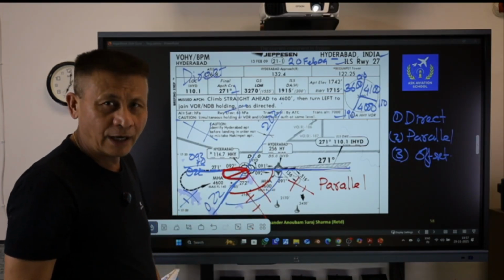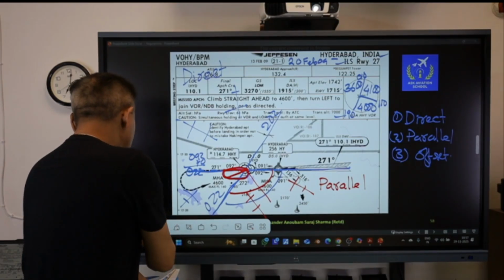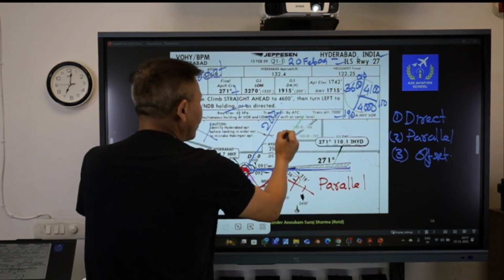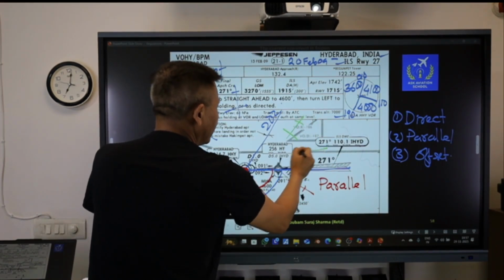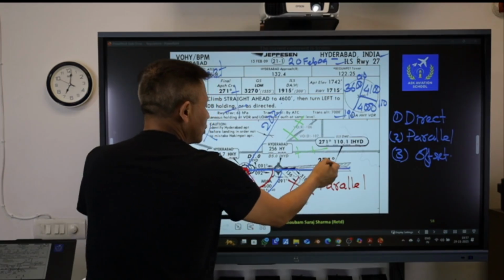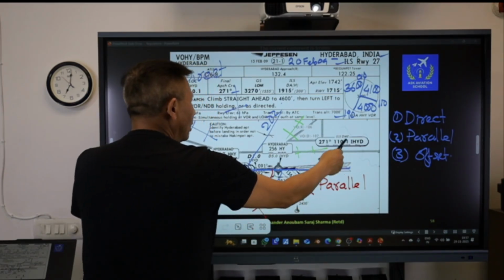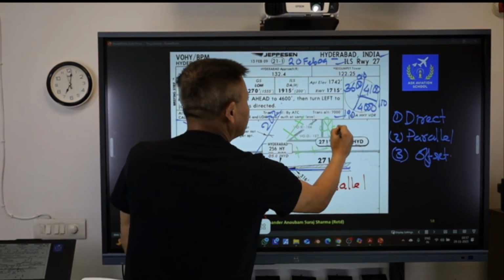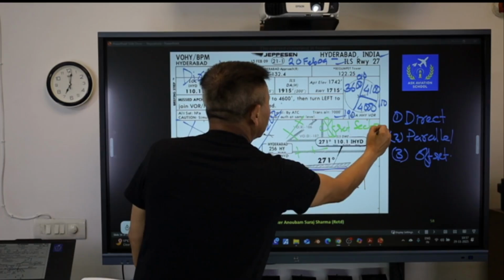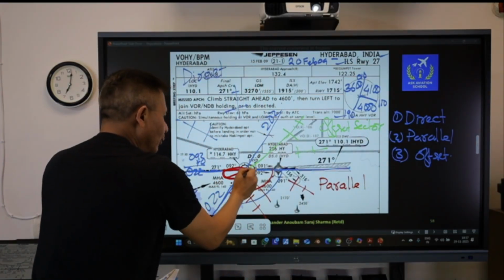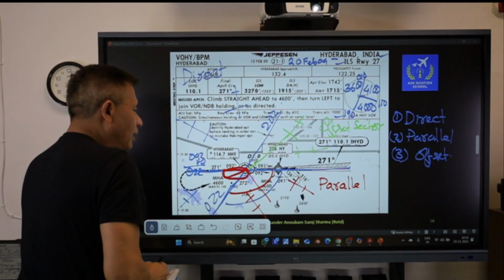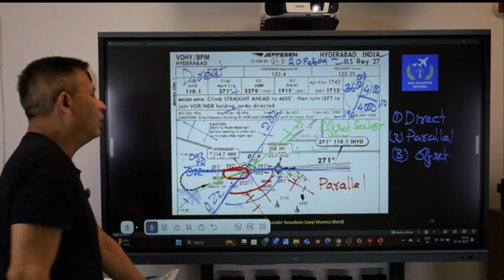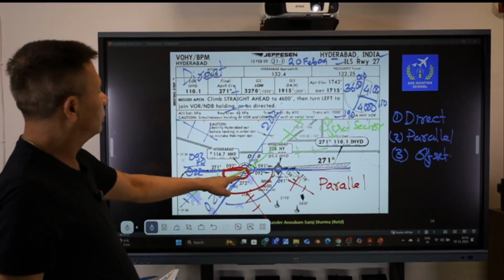Now, the third sector, which is the offset sector: anytime my aircraft is approaching from this direction, that is, right from 271 right up to 202, I am on the offset sector. If I come in from this direction, I will fly on a direction which is 30 degrees to the 271.